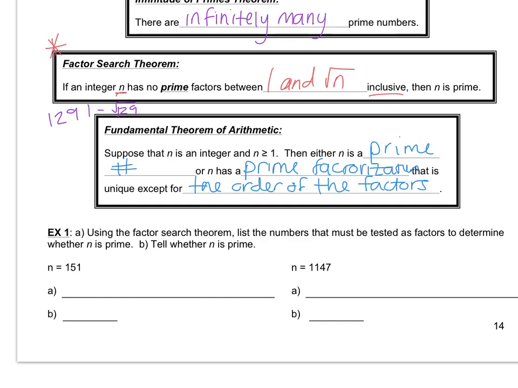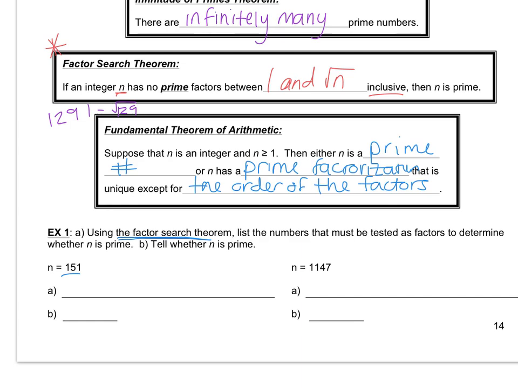So first I want to show you how to use the factor search theorem. Again, it says that if an integer has no prime factors between 1 and the square root of itself, then it is a prime number. So, for example, take example 1 here, 151.